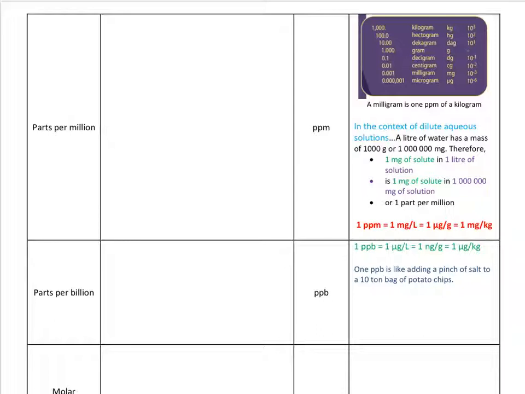We can make those expressions equivalent to 1 part per million.